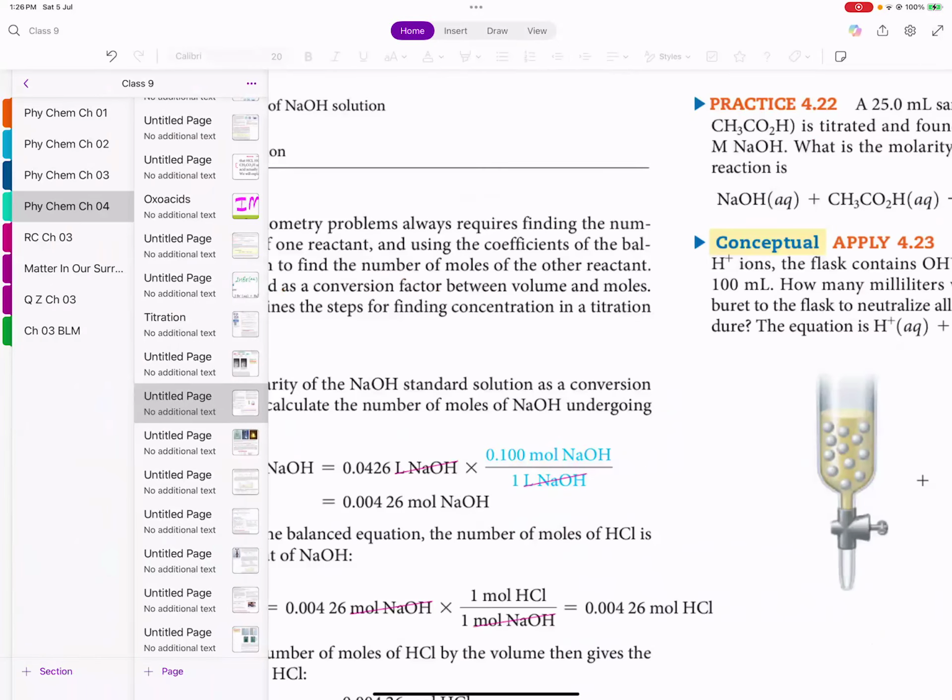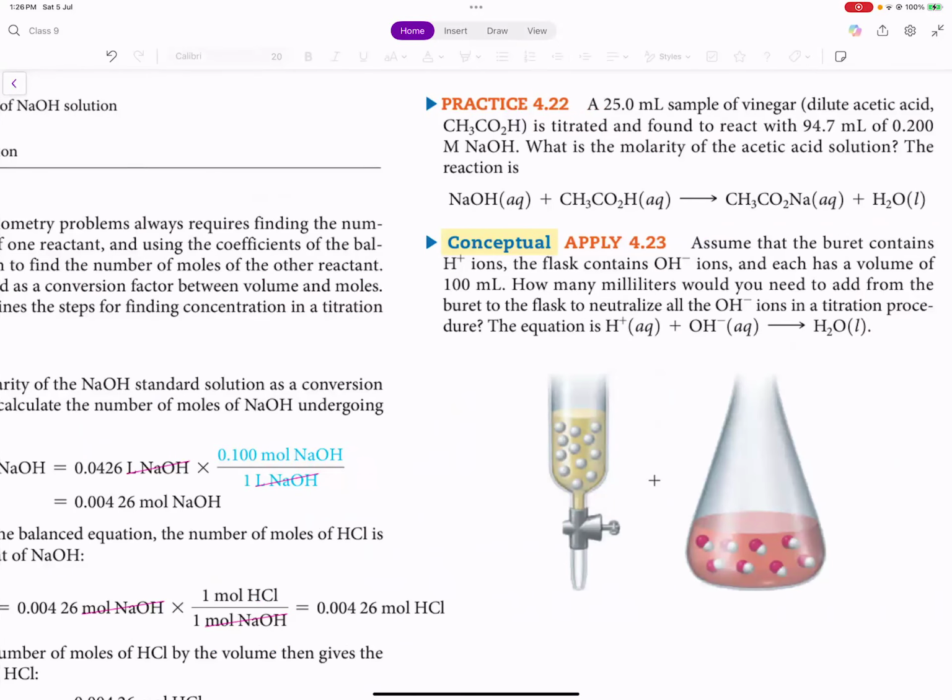And this was the question: the burette contains H plus ions, the flask contains OH minus, and each has a volume of 100 ml. How many milliliters would you need to add from the burette to the flask to neutralize in the titration process?